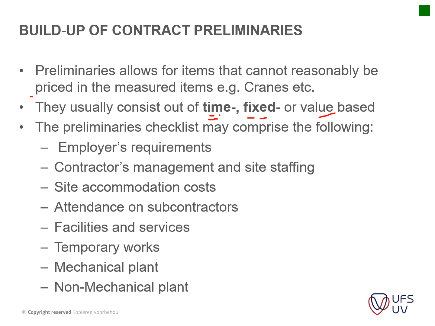Whereas time-related items are items that are paid as the project's time goes by. It doesn't really matter whether those items are done or not, but there's a certain amount, according to the items that you priced, that is paid out according to time. And then your value-based items are the items that are paid out according to the amount of work that you've done on site.